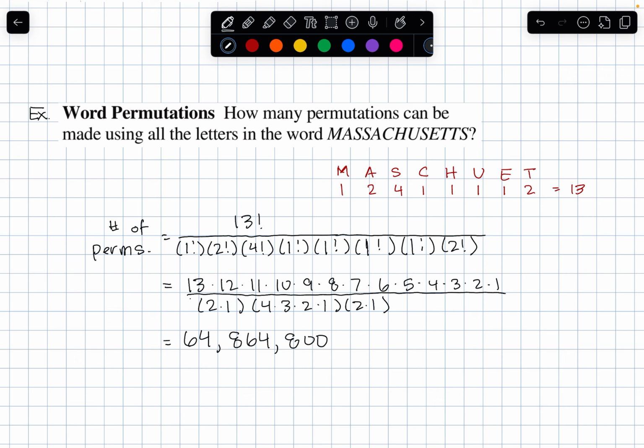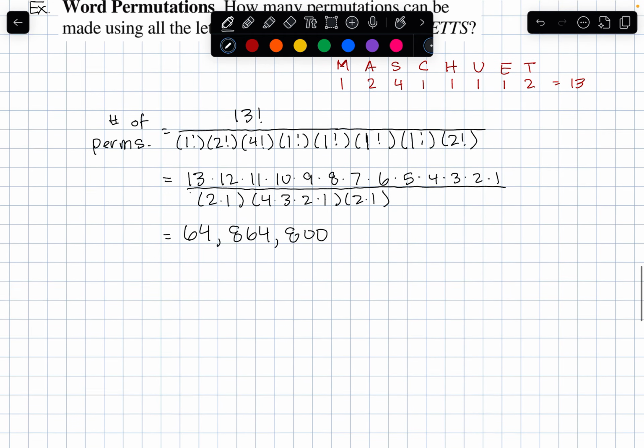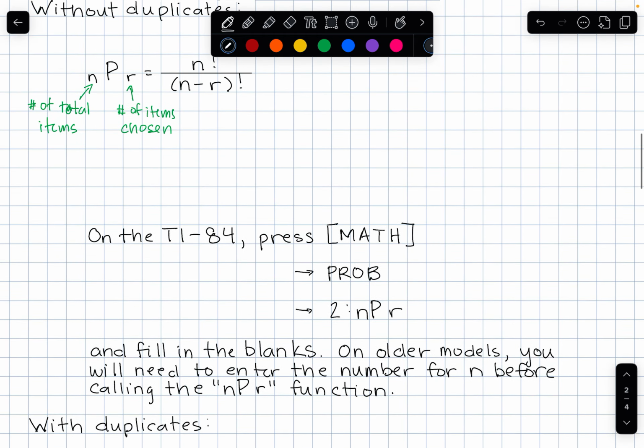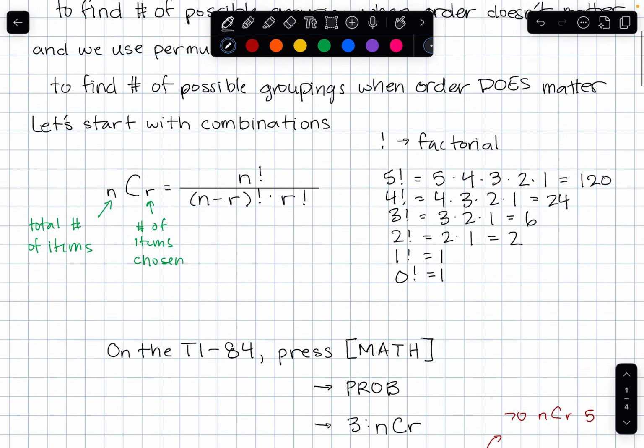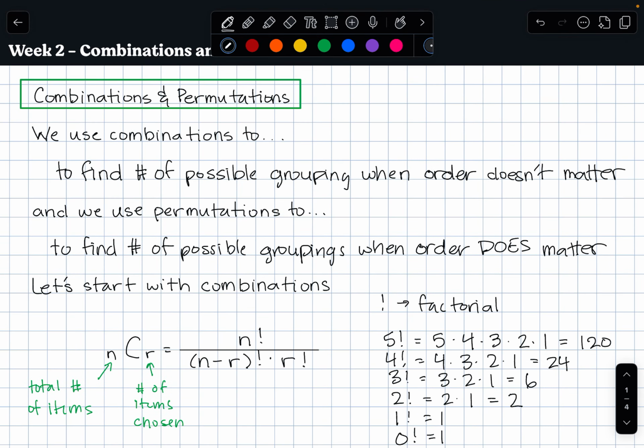All right, so that's it for permutations and combinations. I do want to make a short note about the use cases for these. We're using all of these to find the numerators in our probability fraction.